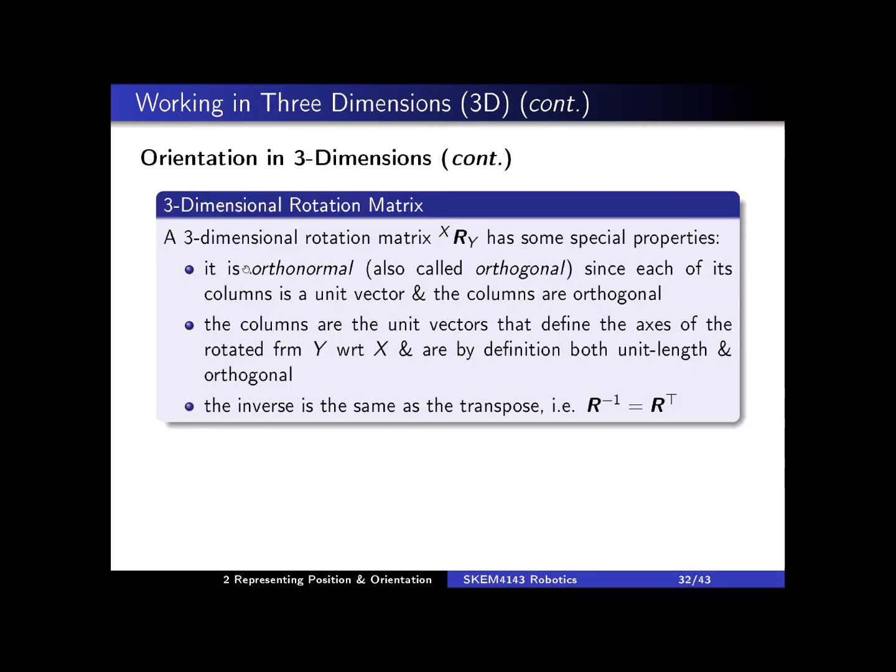Our three-dimensional rotation matrix has some properties similar to before. It is orthonormal. The columns are the unit vectors that define the axes of the rotated frame Y with respect to X, and the inverse is the transpose.